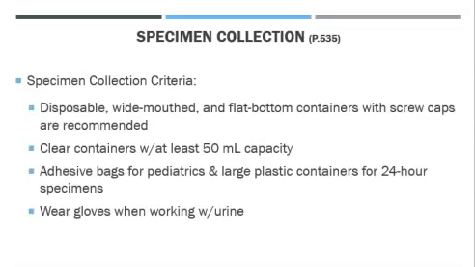For pediatric samples for babies, we may need adhesive bags in order to adhere it to the baby's bottom. For 24-hour urine specimens, we would need larger plastic containers in order to hold the volume. And then finally, we would need to wear gloves when we're working with urines because we have to follow universal precautions and consider that everything could possibly be infectious.